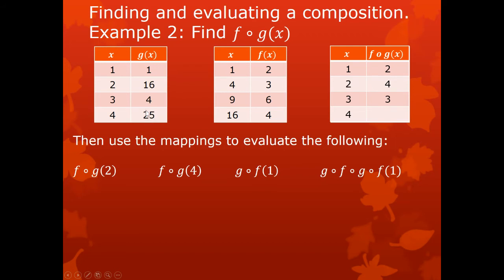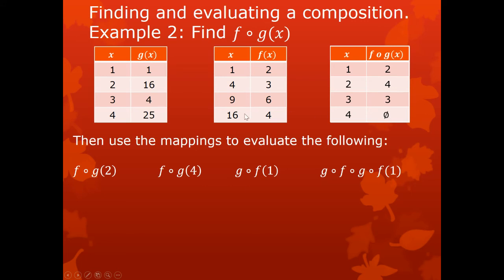So we cannot carry this forward because 25 is not defined. So we are left with an undefined value. So this input of 4 is undefined. And we don't have a valid output for this. So this is not a 0. This symbol right here is just a symbol for undefined. So that just means that the value is undefined.